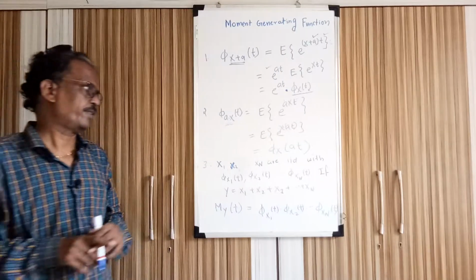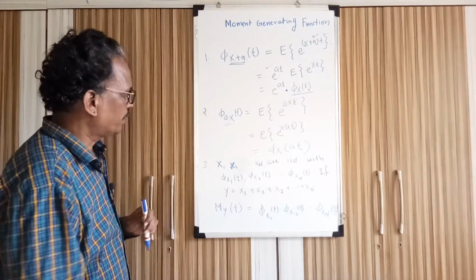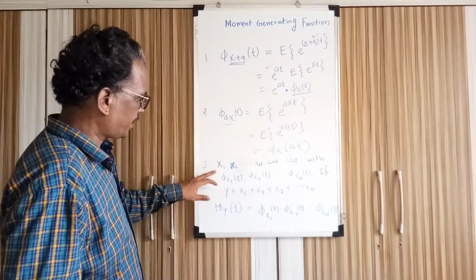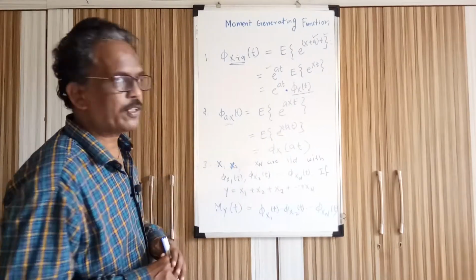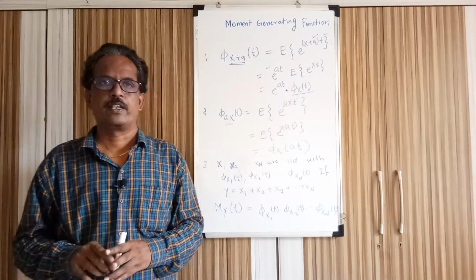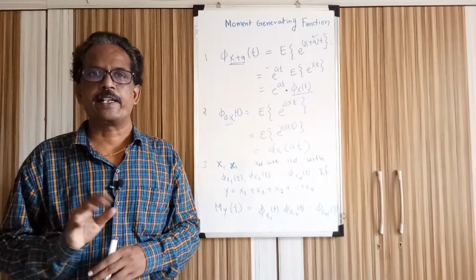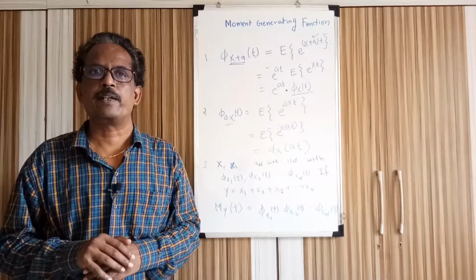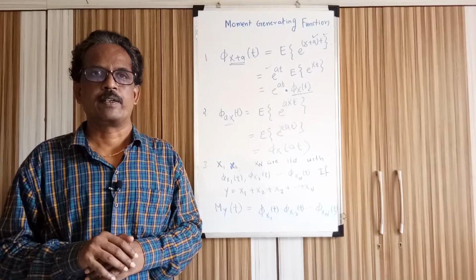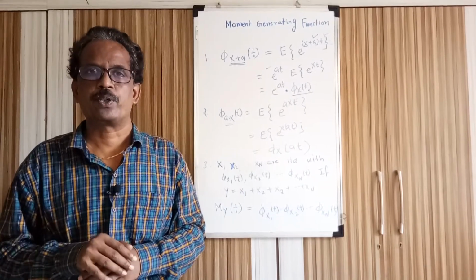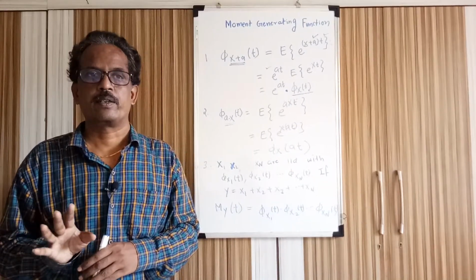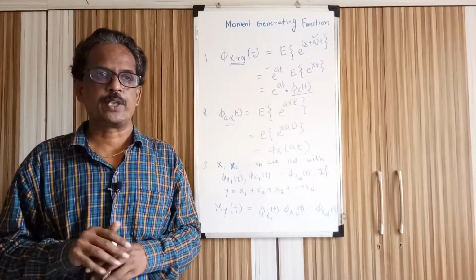Now consider x1, x2, up to xn, n random variables, all independent and identically distributed. IID means independent and identically distributed: they have the same distribution and they are not dependent on each other.